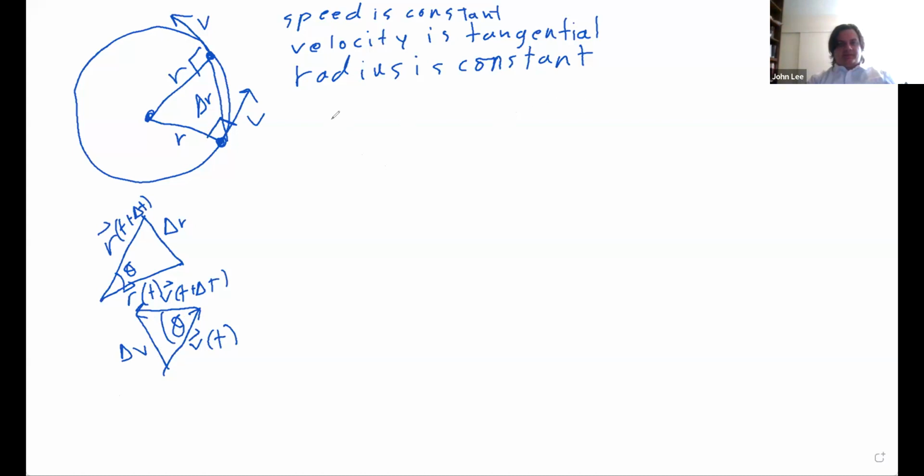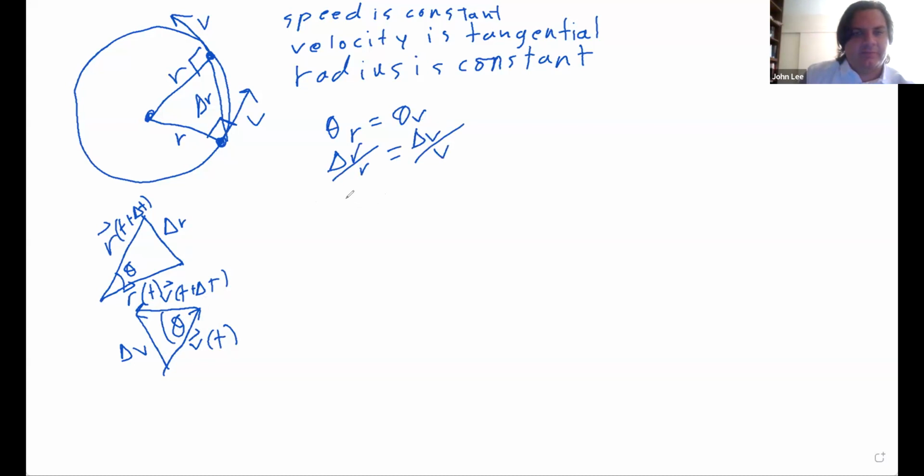If theta r equals theta v, so this angle of the triangle for r is the same as this angle of the triangle for the v triangle, then delta r over r is the same thing as delta v over v.